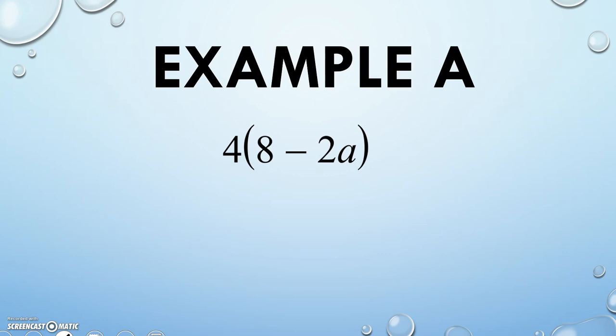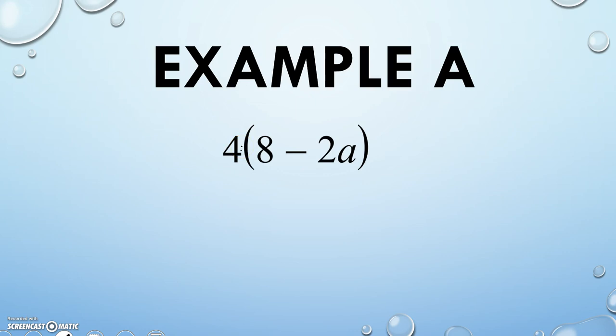Okay, so we're going to go through some examples of just the distributive property and what that looks like, and then we're going to look at actually solving equations with the distributive property. So this first one is just what the distributive property looks like. Anytime you see a number or a term on the outside of parentheses with no plus or minus in between, see how there's nothing in between right here?